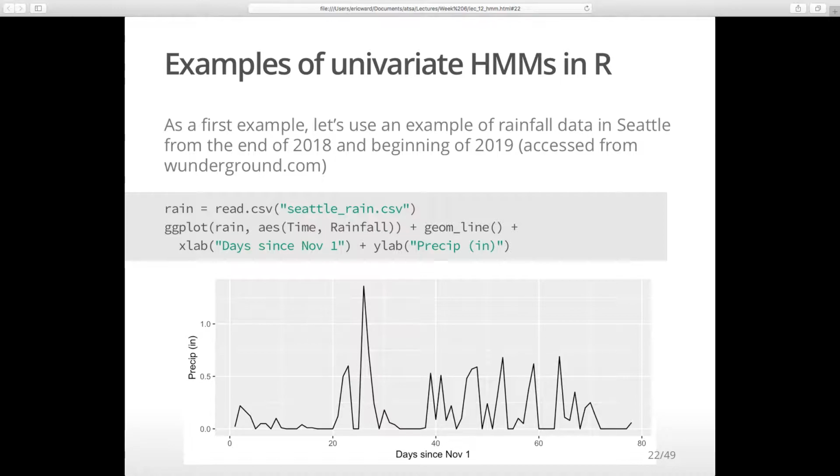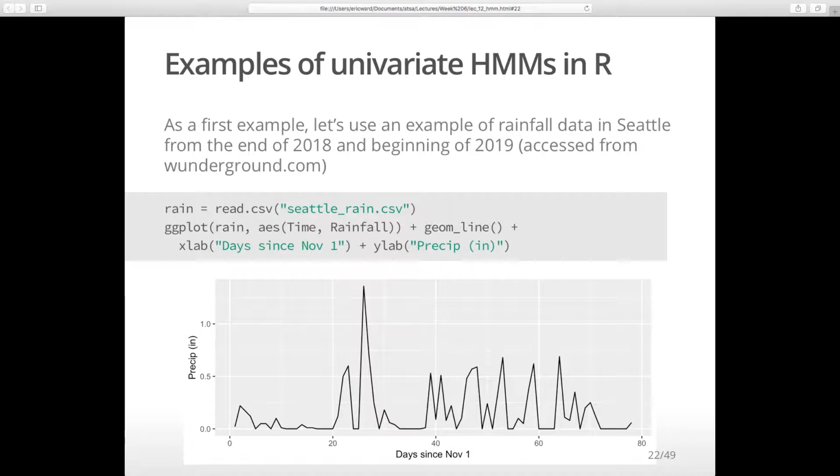So as the first example, I wanted to just explore a simple 2-state model of rainfall in Seattle in just this last winter, which has been oscillating between some really dry spells and then again some pretty big storms.